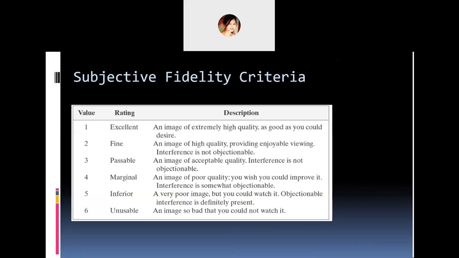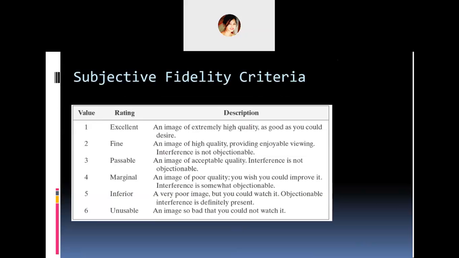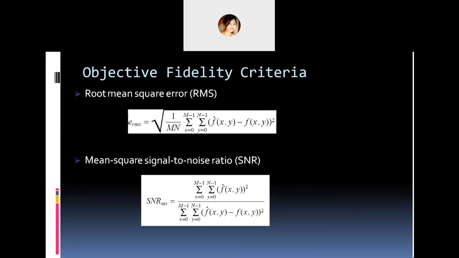We have many types of criteria also: fidelity criteria, then subjective fidelity criteria, objective fidelity criteria. There are many equations in this chapter, but this chapter is very interesting also, because when you try to solve the sums, the values will already be given.